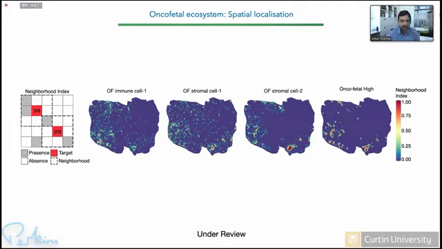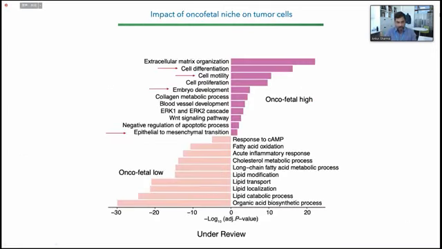Now, in this oncofetal neighborhood, we could also identify different oncofetal cells, oncofetal immune cells, stromal cells 1 and 2, and we could call it oncofetal high versus low area. But since we knew which patient relapsed and which patient did not relapse, we could look into the tumor cells in the relapsed versus non-relapsed patient.